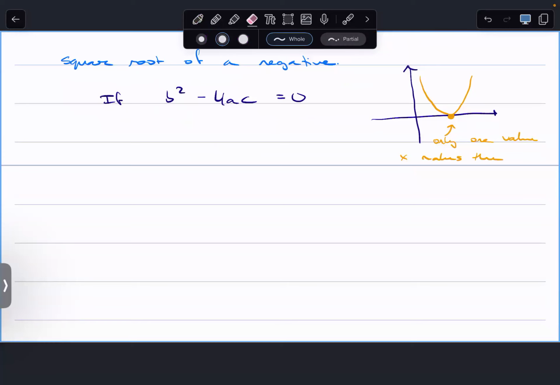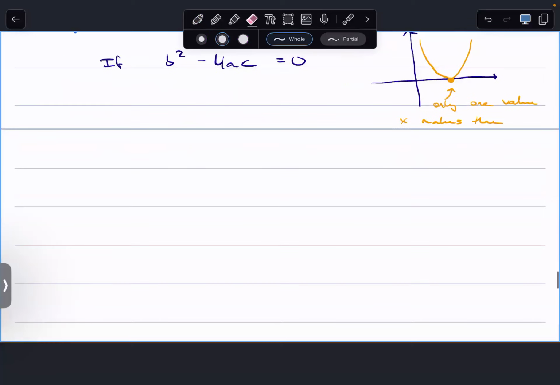Only one value of x makes ax squared plus bx plus c equal to 0. That's okay, that's allowed.